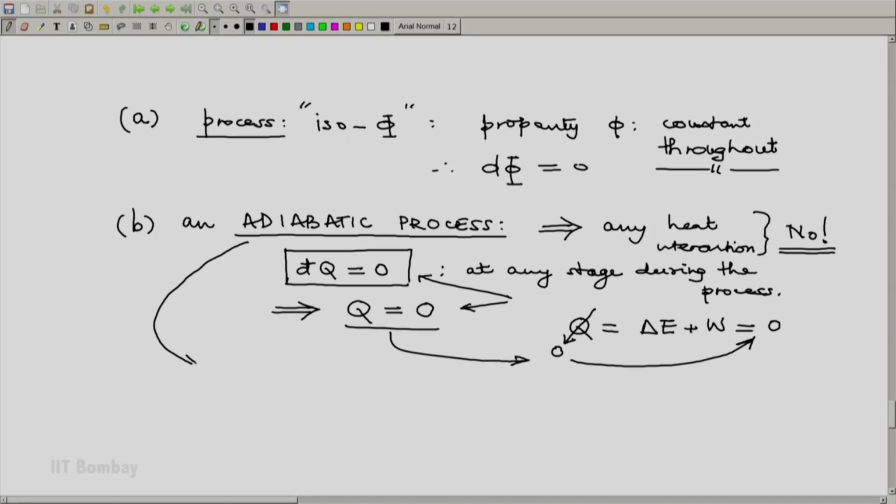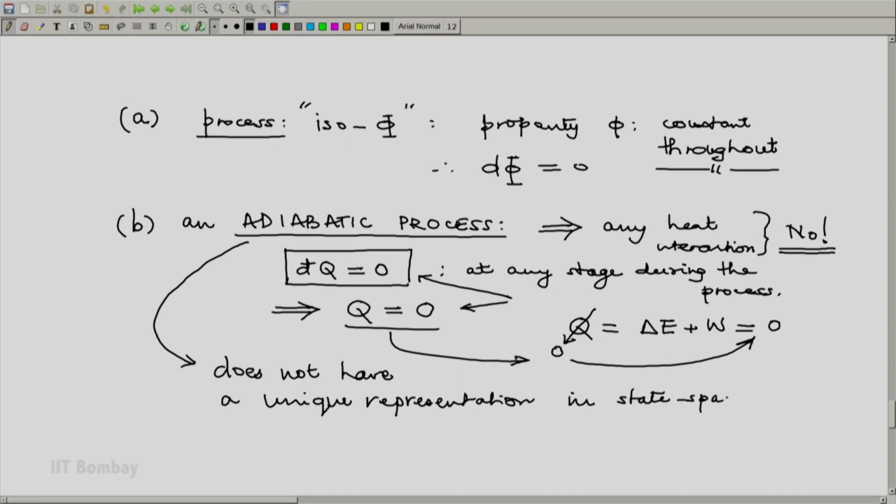Because of this, we should remember that an adiabatic process does not have a unique representation in state space, because it does not say anything about properties. It specifies an interaction.